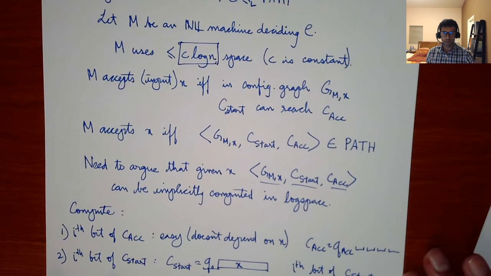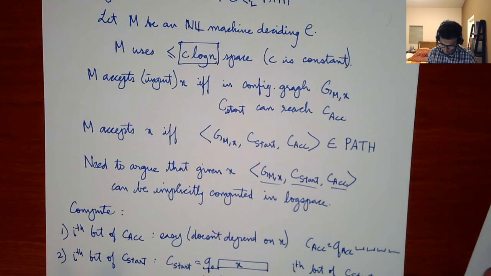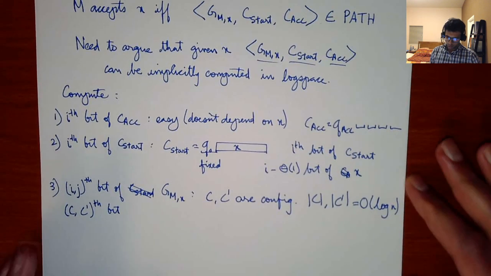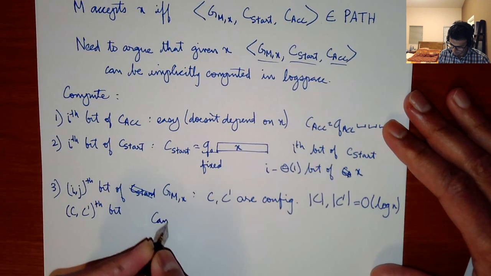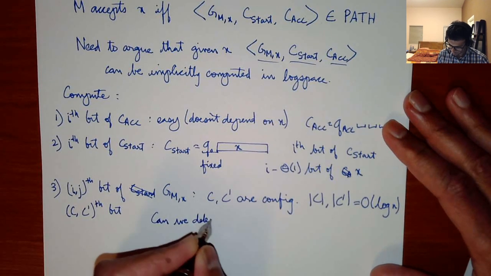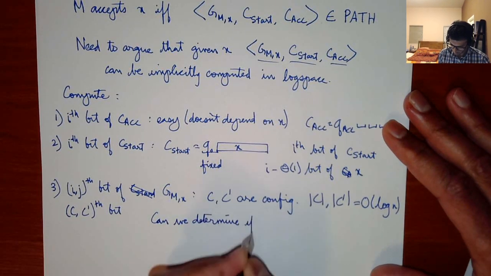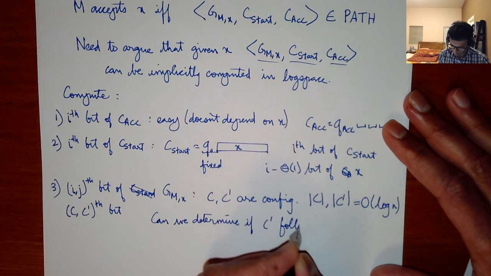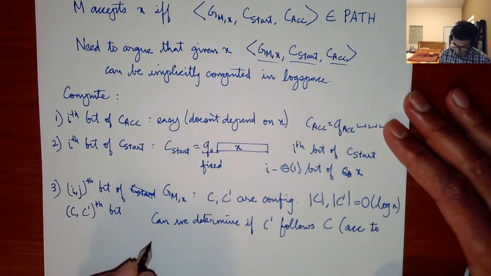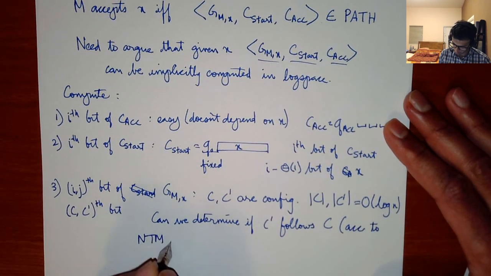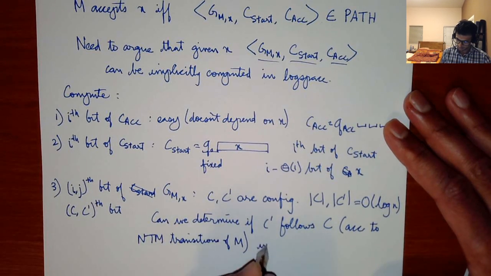So if you take two configurations of size O of log n, and write them down one by one, can we determine, in log space, if C prime follows C according to the non-deterministic Turing machine transitions of the machine M?